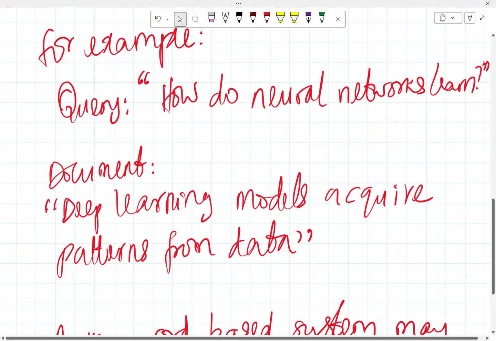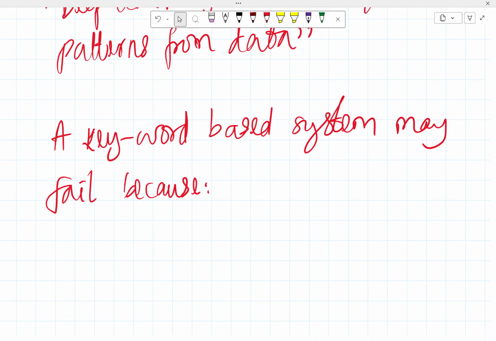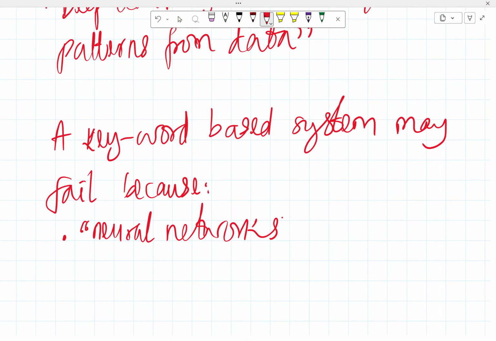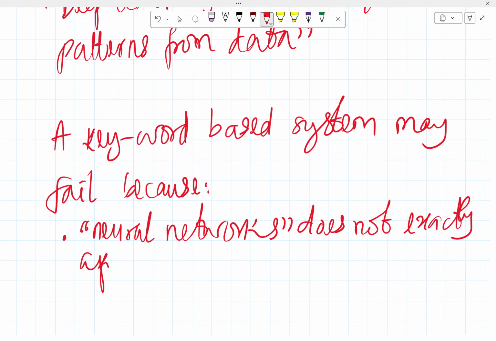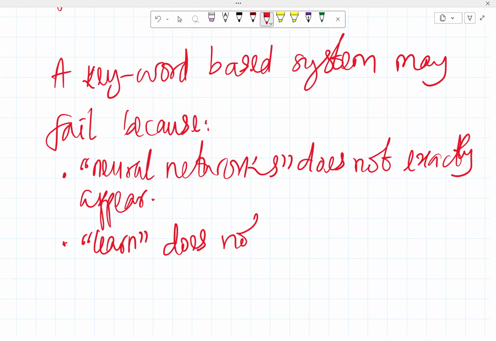The document is answering that question, but there's no actual matching in words. So the keyword-based model may fail because, first of all, neural networks does not exactly appear. Then two, learn does not exactly appear.